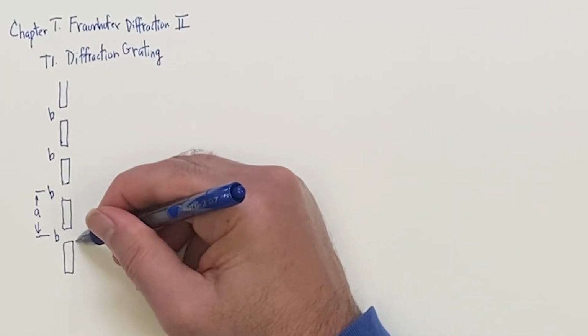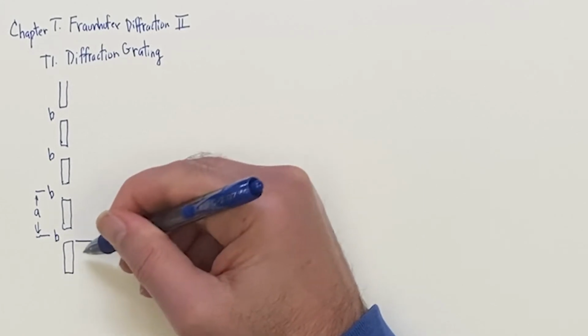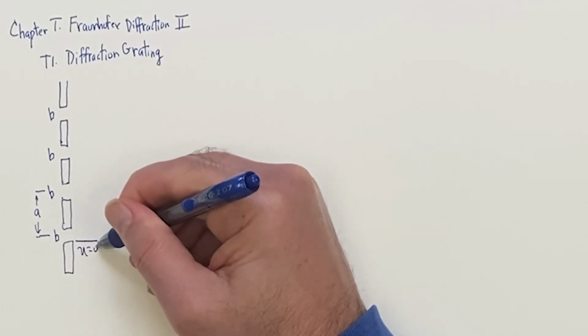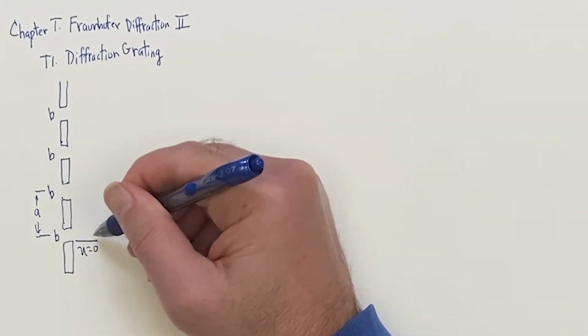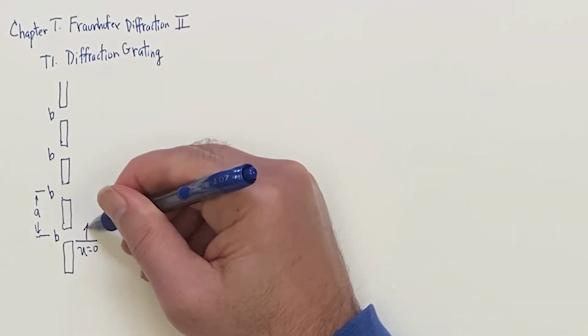Now let's consider this to be 0. U is equal to 0. And we're going to go up with U like this.